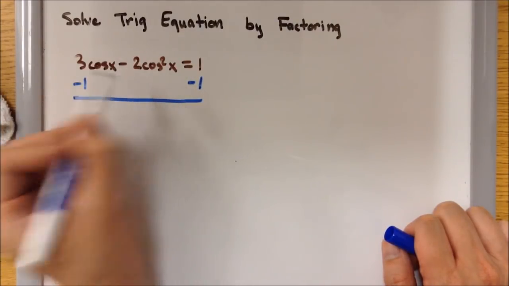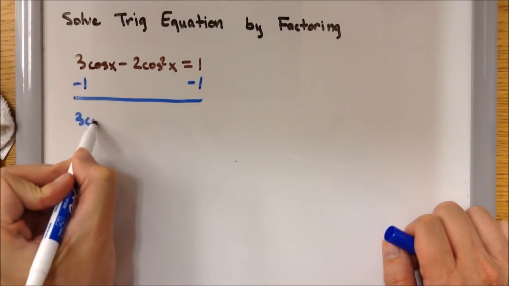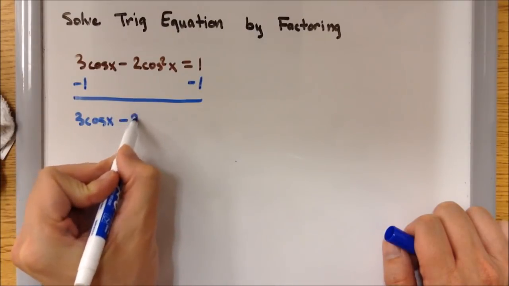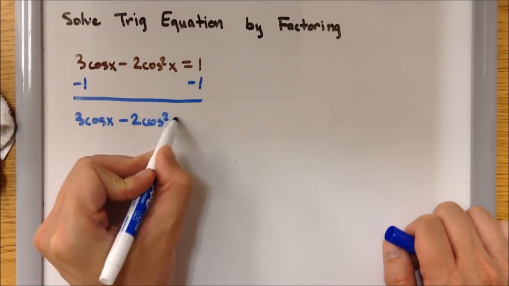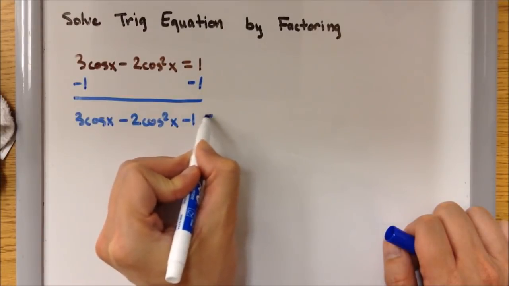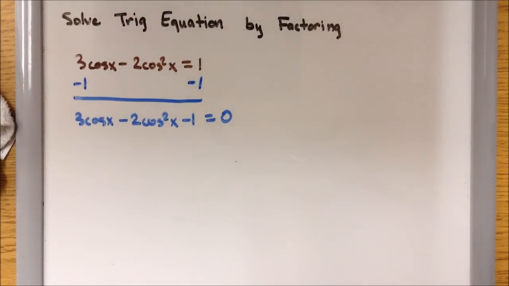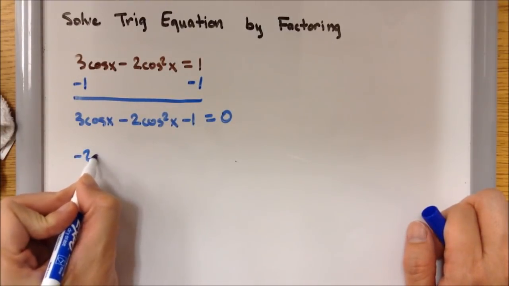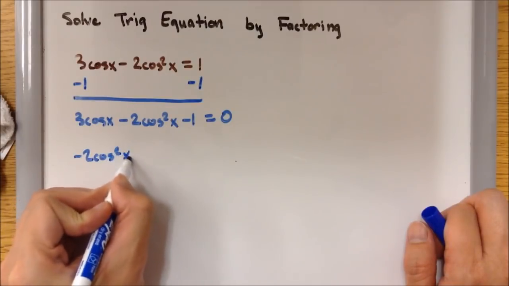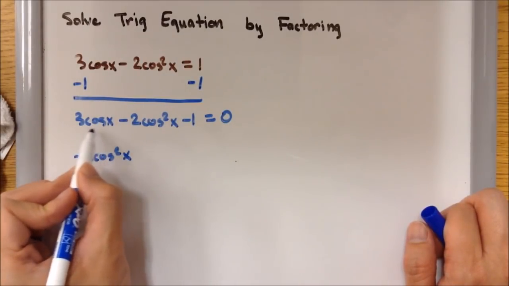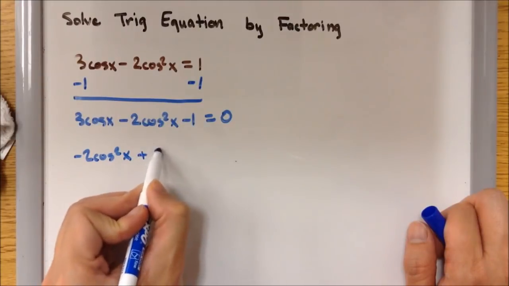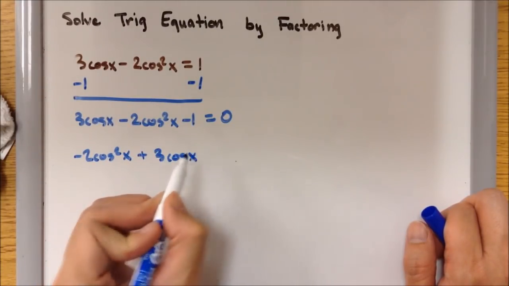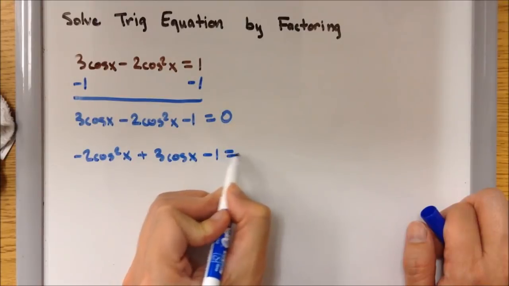Now you're going to have 3 cosine of x minus 2 cosine square of x minus 1 equal to 0. Alright, after that, I'm going to put it in order starting with the highest exponent. So negative 2 cosine square of x, and then the cosine of x will come second, so plus 3 cosine of x, and then minus 1 equal to 0.